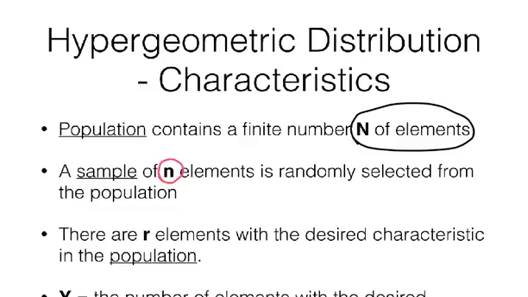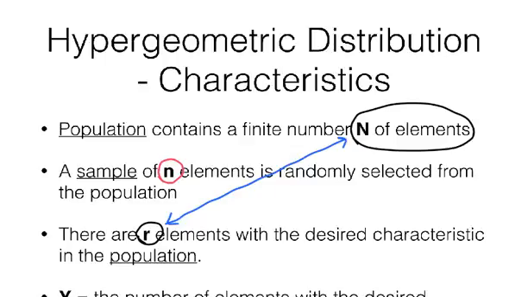From that population, you have R, that are the elements with the desired characteristic in the population. So R and capital N are related. These are what you already know.